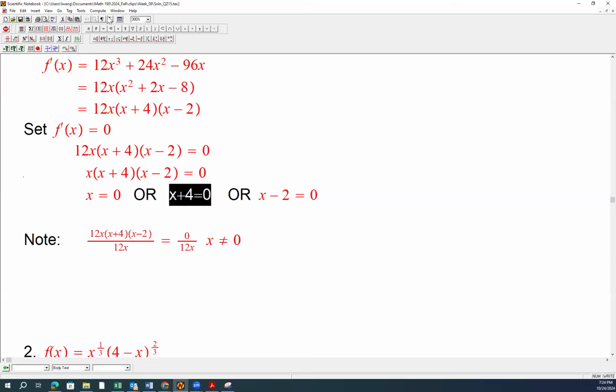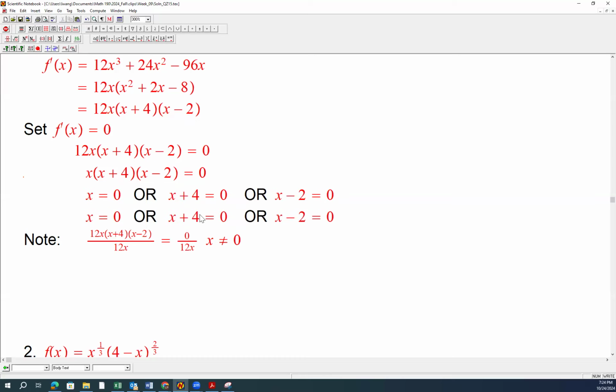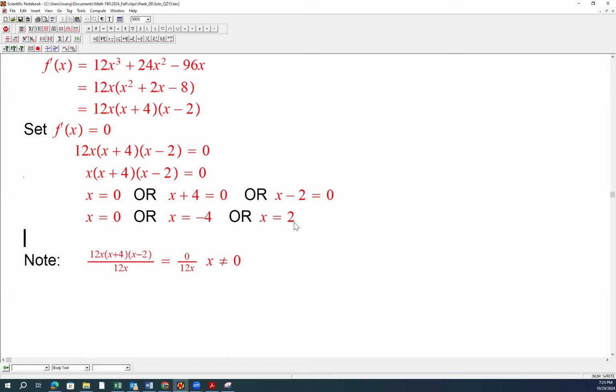And so then we will get 3 numbers as solutions. x equals 0 is a solution, x equals -4 is a solution, and x equals +2 is a solution. So our critical numbers are -4, 0, 2.